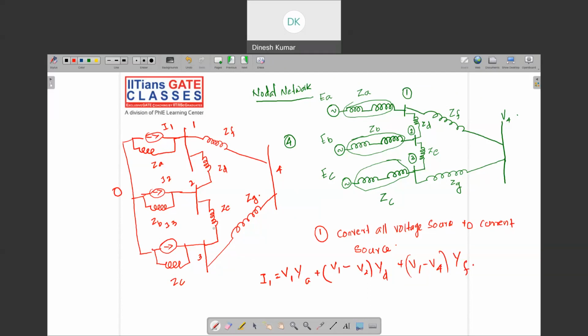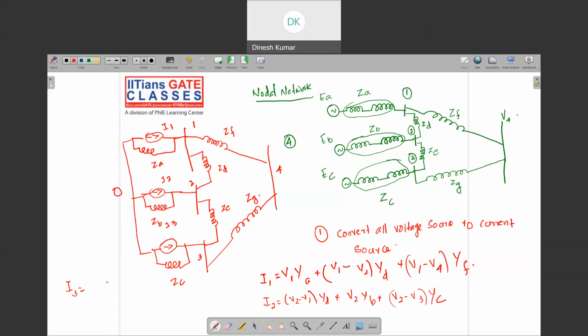Similarly for I2 we can write: I2 will be V2 minus V1 into YD plus V2 into YB plus V2 minus V3 into YC, right? All the nodal currents we are writing. Similarly we can write I3. There is no connection between 1 and 3, so that term will be 0.